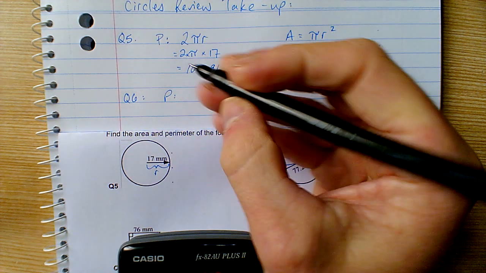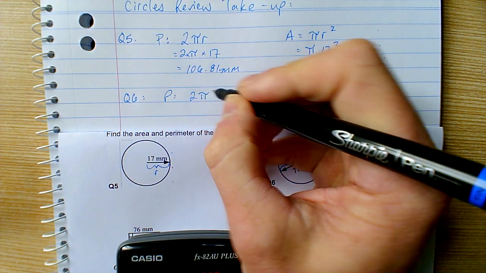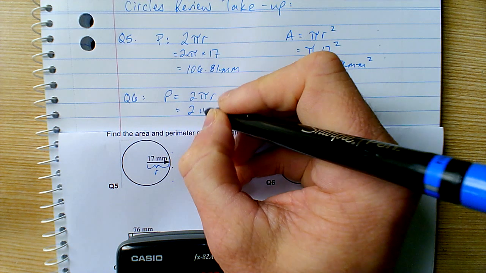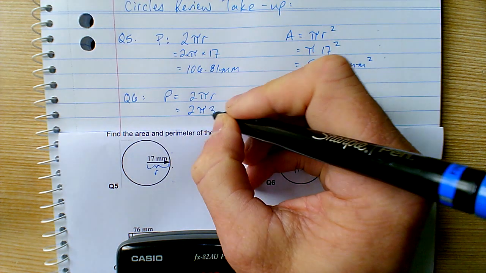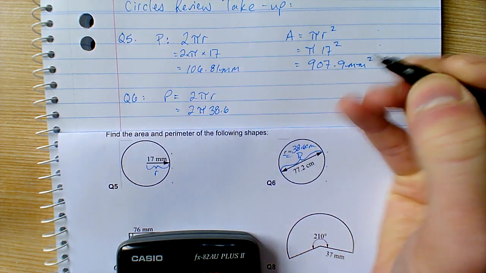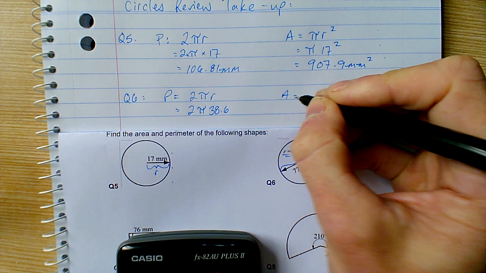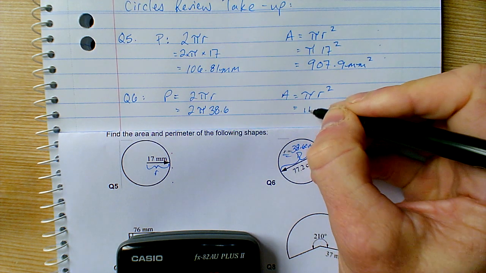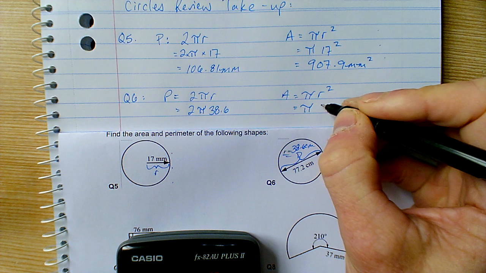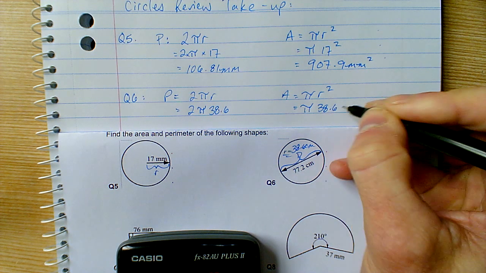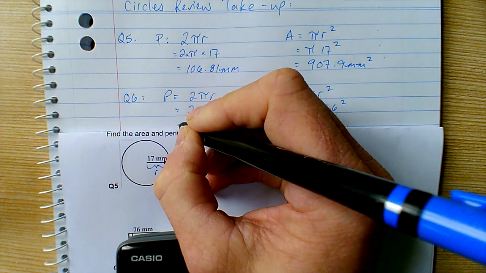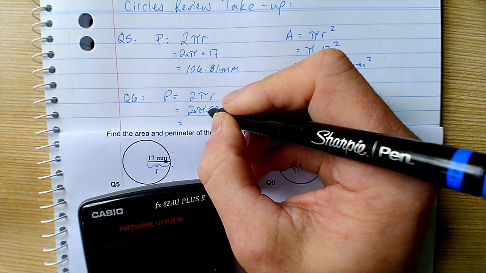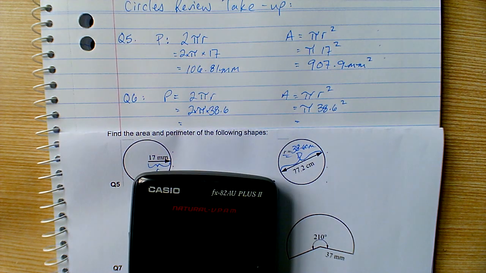Now I do the same thing I did before, 2 pi r, which equals 2 pi 38.6, and for area, pi r squared, which equals pi times 38.6 squared. Now I'm ready to use my calculator. I do not forget that it's multiplication between each one of those symbols.